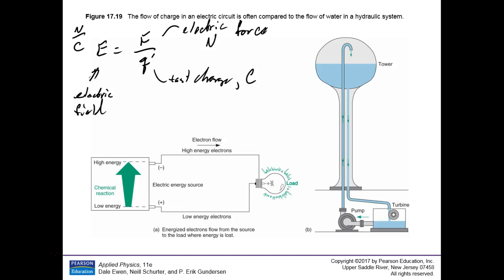So let's do example 1 then. A positive test charge of 30.0 microcoulombs. So this is your Q prime. Does anyone remember what the prefix micro stands for? 10 to the minus 6.